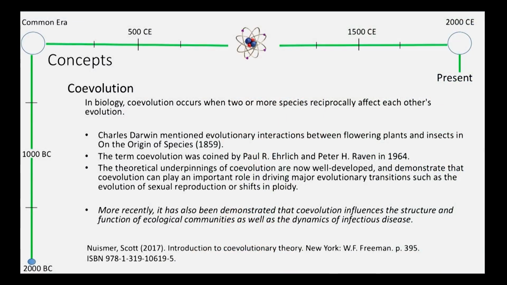So the concept: coevolution. In biology, coevolution occurs when two or more species reciprocally affect each other's evolution. We have lots of examples of that. Charles Darwin spoke to that in the early days. More recently, it has been demonstrated that coevolution influences the structure and function of communities and the dynamics of infectious disease.